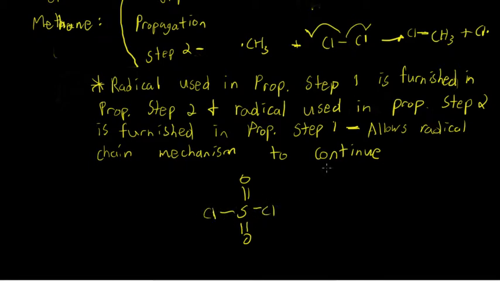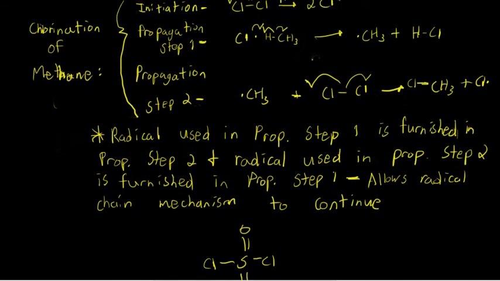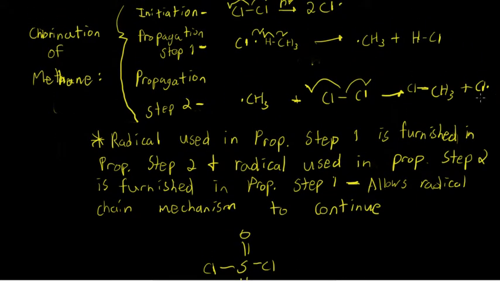And we're going to be chlorinating ethane using this compound, and you'll see that the idea of the radical being used in one propagation step being furnished in the other propagation step will hopefully be driven home by this video.